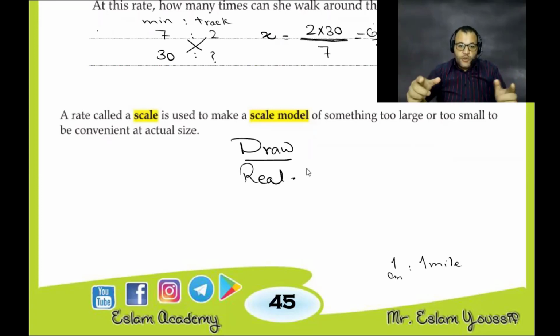So you can draw it in a picture like 10 centimeters by 10 centimeters. How can you do that? You reduce the size. So you will find that the drawing scale here will be 1 centimeter to 10 kilometers. For each 1 centimeter on the paper, it represents 10 kilometers in reality.